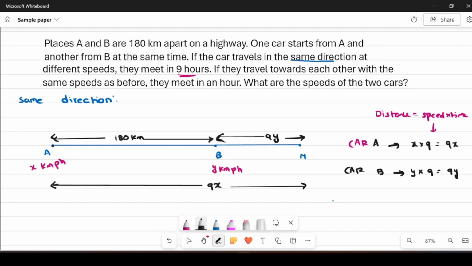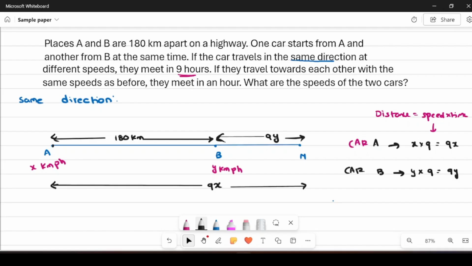Hope till here it is clear. The first car starts at point A and another car starts at point B. We assume car A is traveling at x kilometers per hour and B at y kilometers per hour, and the distance between A and B is 180 kilometers.